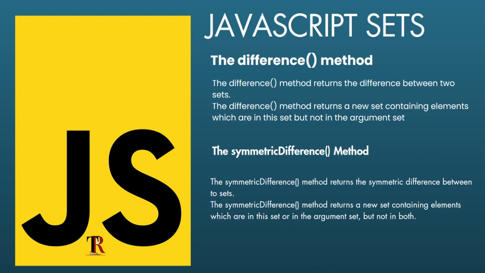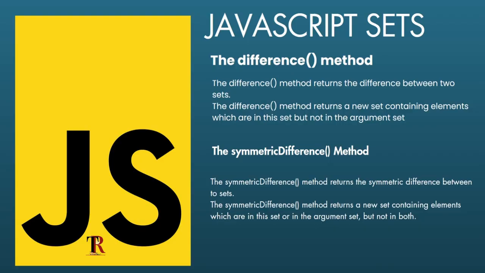Let's say the first set contains a list of numbers and the second set contains a list of numbers also. But in both sets, there happen to be elements that are present in one but not present in the other. Those differences are what the difference method is used to extract out of a set. So you can actually use the difference method to return the difference between two sets.